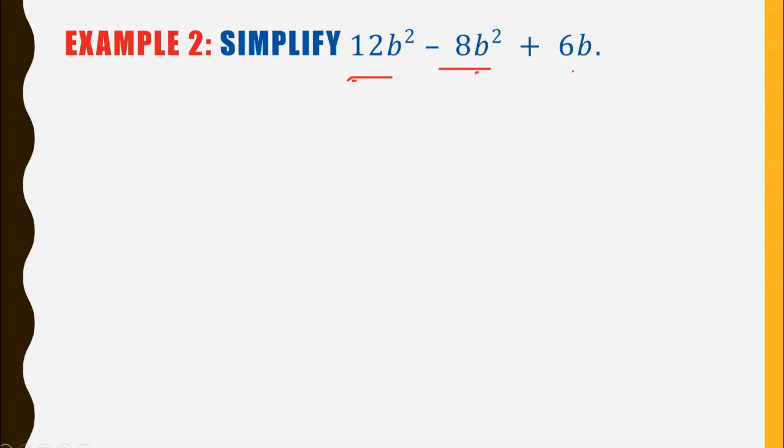No, because this has a power of 2 and this has a power of 2, but this has a power of 1. 12 minus 8, what? 4b squared plus 6b.